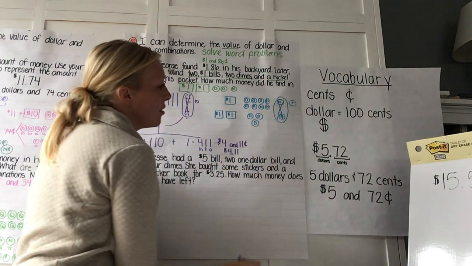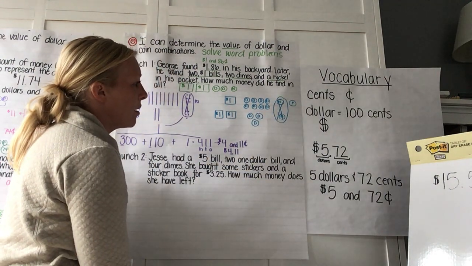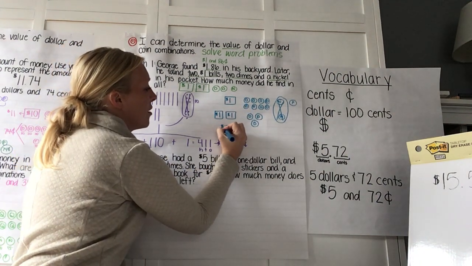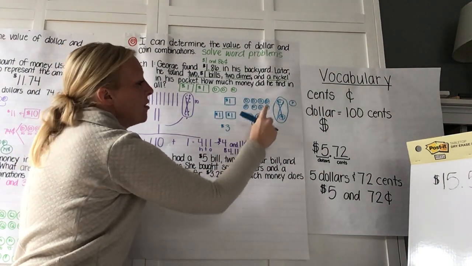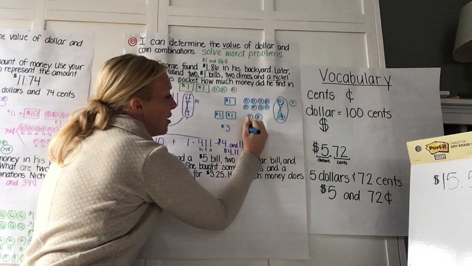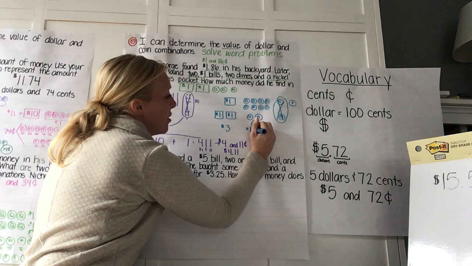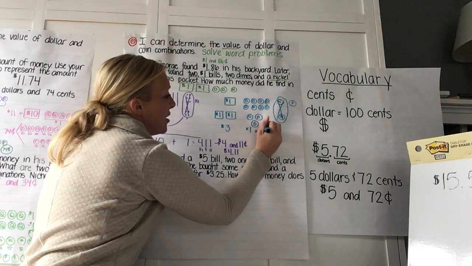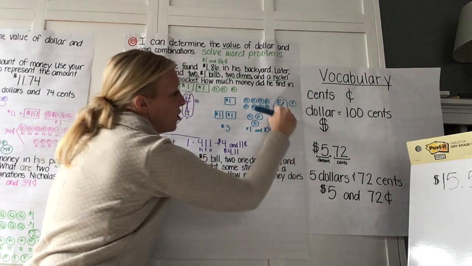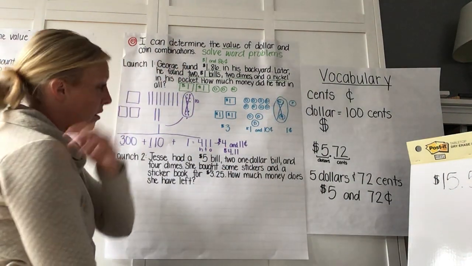You traded them out, okay? 10, so you had $3 there. 10, you had 80, 90, 100, 110. So you had $1 and 10 cents here. And then you had a 1 cent there because you had traded that out, okay?